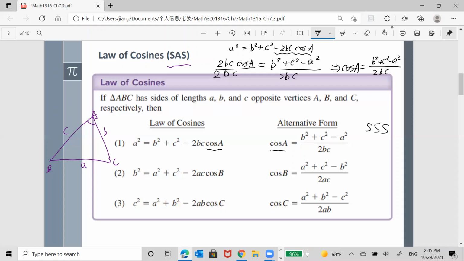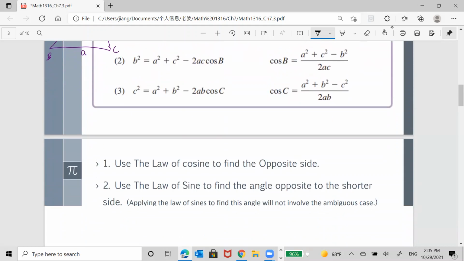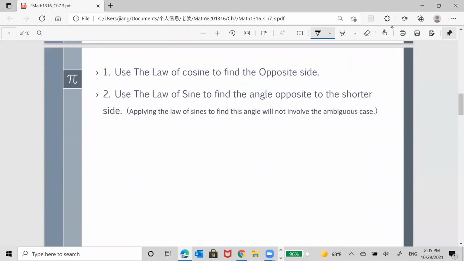So this is an expression of cosine A. This is cosine B equals A squared plus C squared minus B squared over 2AC, sorry. And cosine C equals A squared plus B squared minus C squared over 2AB. Okay, let's use the formula to solve the questions.